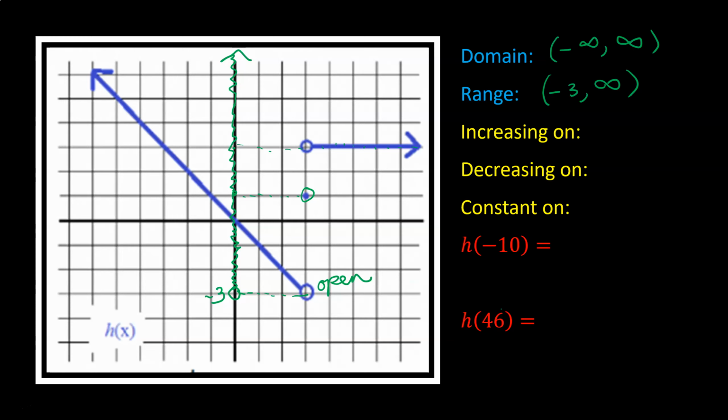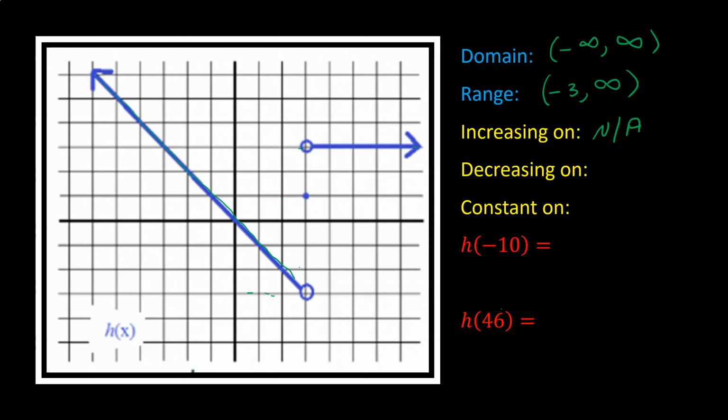Okay, increasing, decreasing, or constant. Well, for increasing and decreasing, you would have to go from left to right. Going from left to right, this function is not increasing at all. It is decreasing over the interval here on the left-hand side, going from here to here.